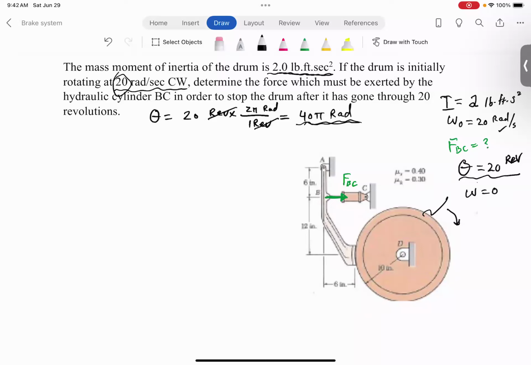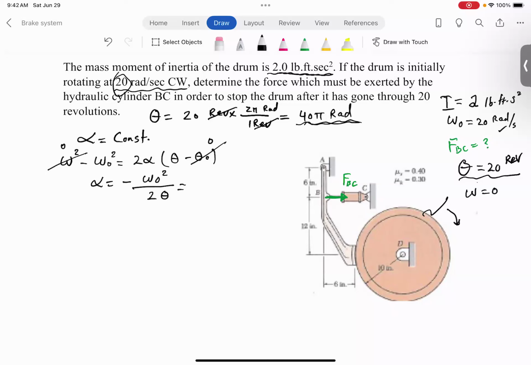Assuming this is a constant angular acceleration, and I'll explain why, then in kinematics, one of the equations independent of time is this useful equation. If we set the final angular speed equal to 0, you can solve for alpha by rearranging the equation.